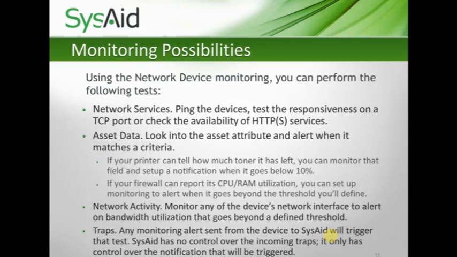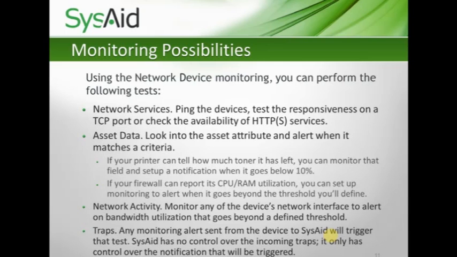So network services allows you to ping the device and trigger a notification if it suddenly stops responding to a ping. You can also test a certain TCP port for responsiveness to see if that device accepts connection on that port.